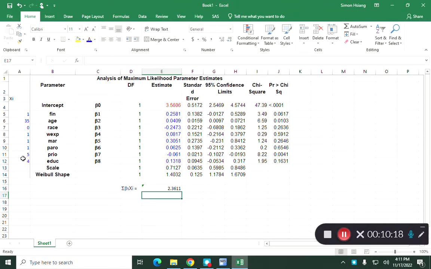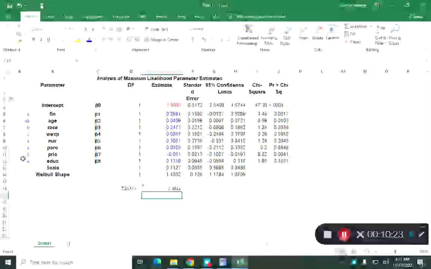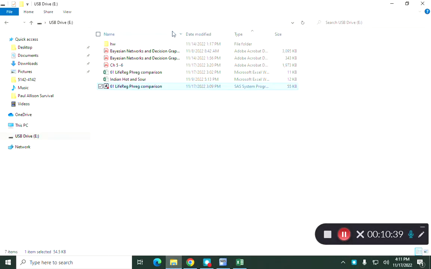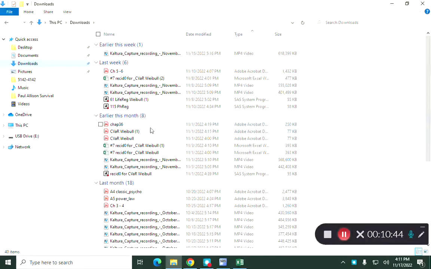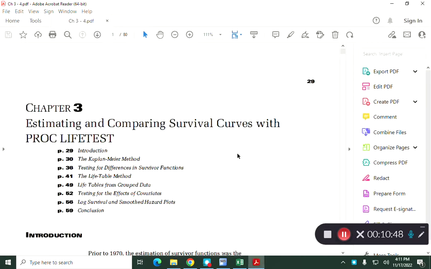That will give me the lambda value for that curve. My hazard function, my lambda, is related to that regression, right? Remember? Let me go back to chapter 3. Chapter 4, I guess.